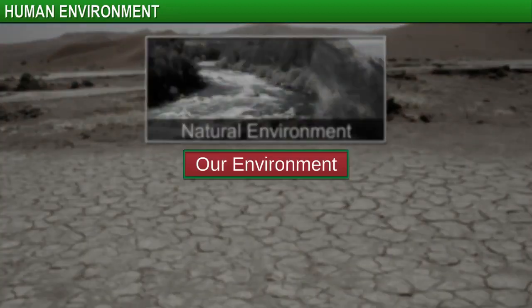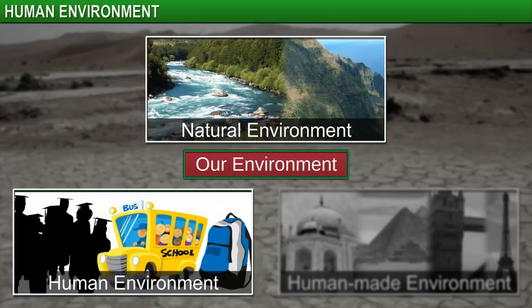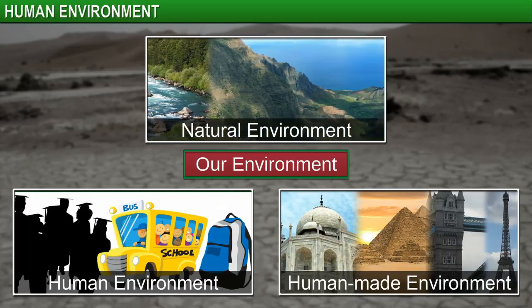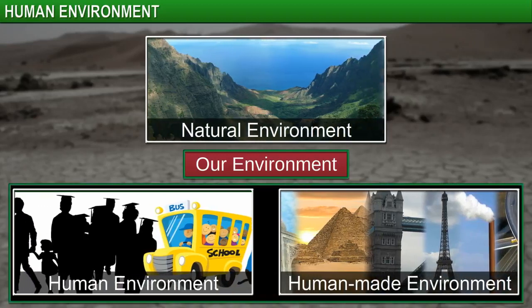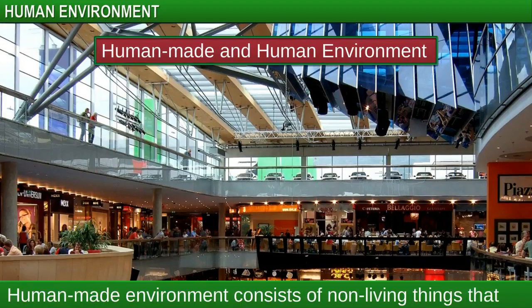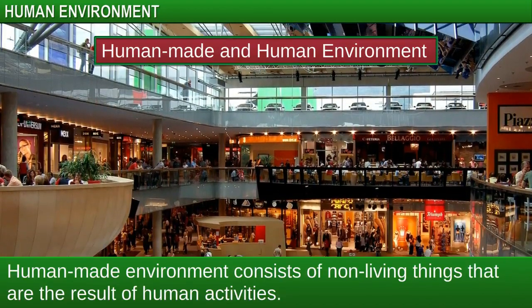In one of the earlier modules, you learned about the different types of environment: natural, human, and human-made. Human-made and human environment sound similar. Well, human-made environment consists of non-living things that are the result of human activities.